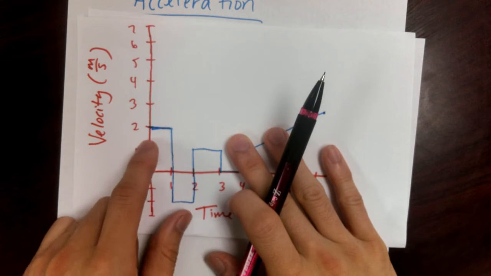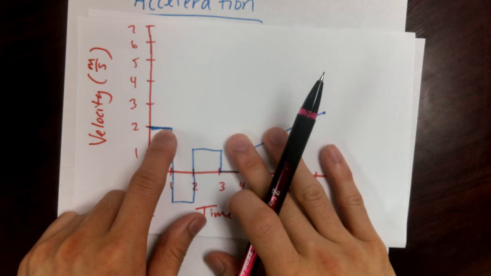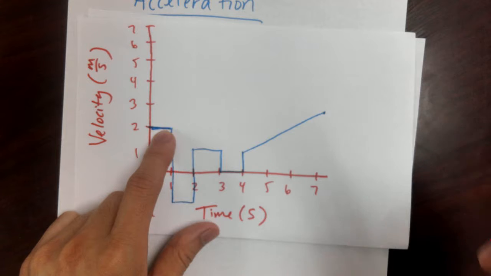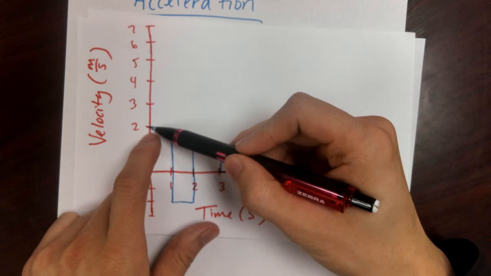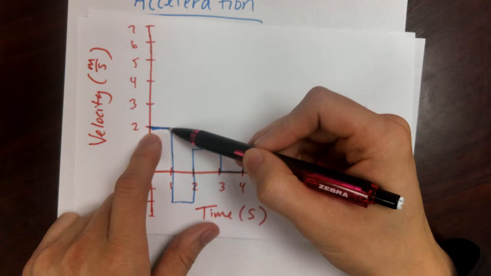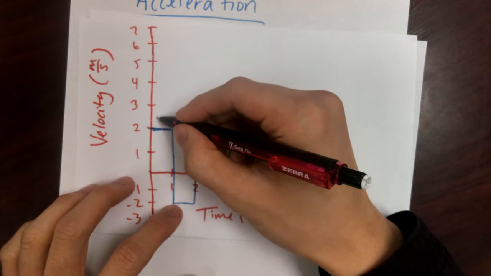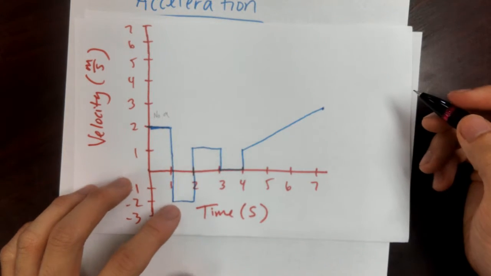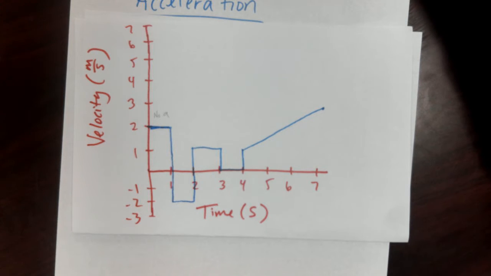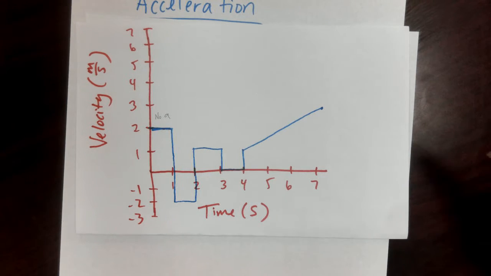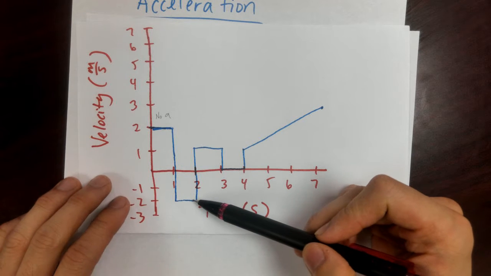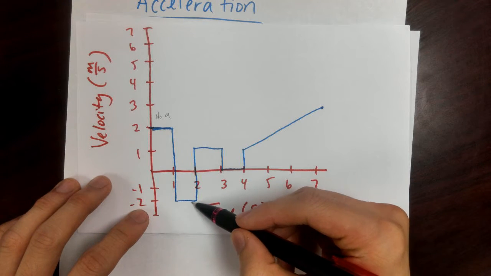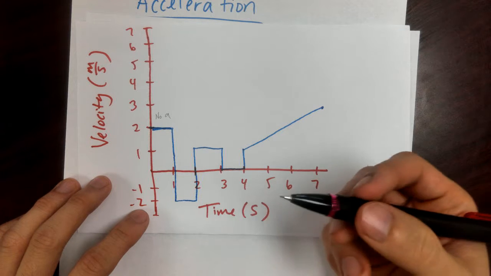Well, from 0 to 1 second, is it moving faster? If you said no, you're correct. It stayed at 2 meters per second. So this has no acceleration, I'm just going to put A. Next, we have this part down here. It's also flat. So does this have acceleration?